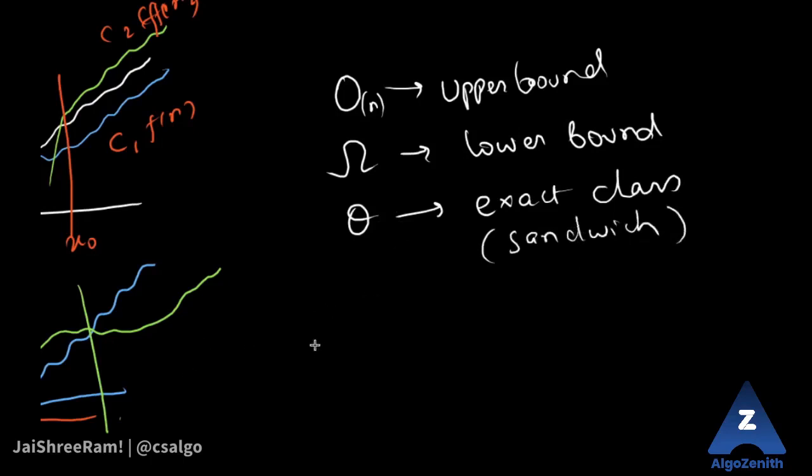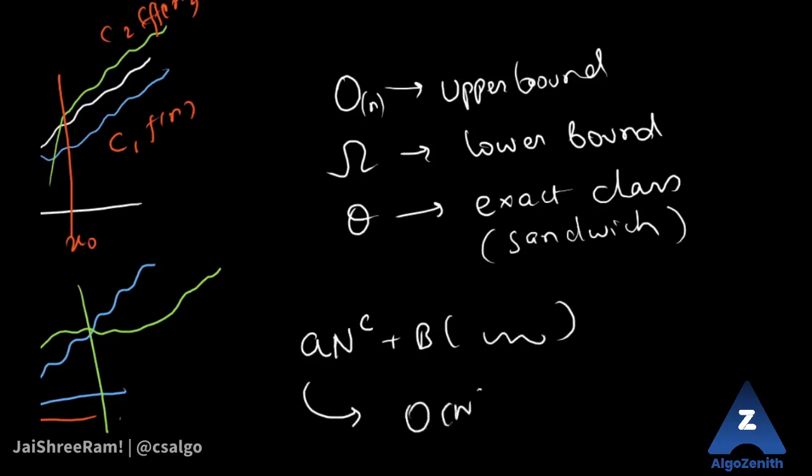So if you have some function like a times n to the power c plus b times some lower order terms, by lower order I mean the power is less, this is order n to the power c. This is also in the set of order n to the power c plus 1 and so on, everything beyond that.